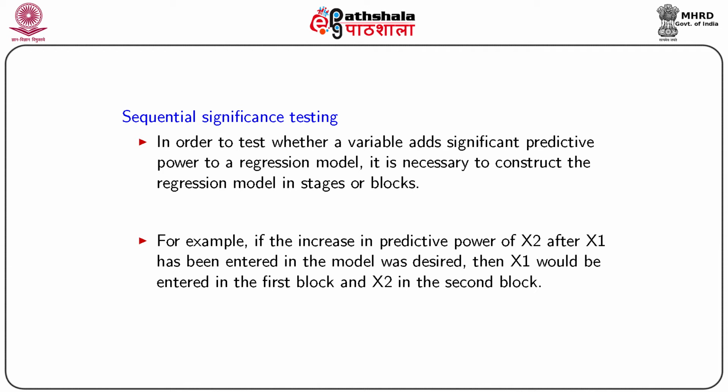When we provide R with the independent variables to fit into a multiple regression model, by default R sequentially adds each independent variable to the model, testing at each stage whether the inclusion of the variable in the model was statistically significant or not.